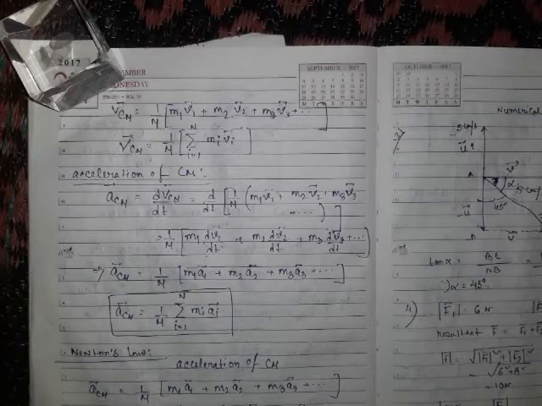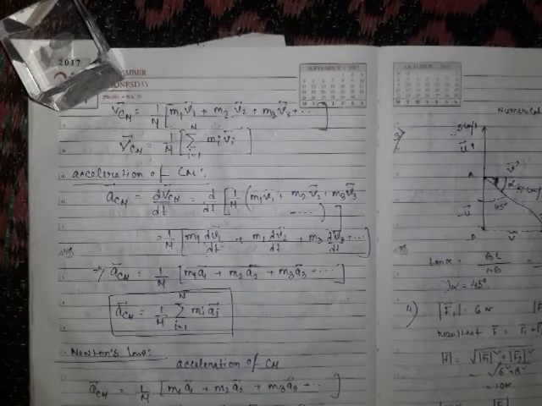If you have a number of point masses, now with that huge number of point masses, you will have a huge number of components of forces that is very much difficult to handle. So the main aim of ours was to make this thing simple.